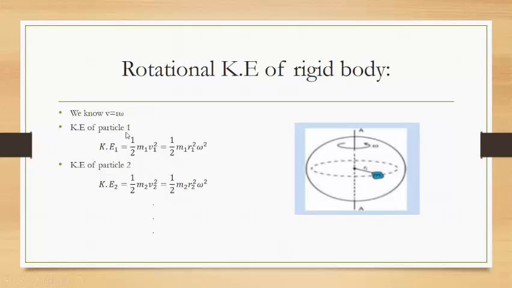For particle 1, we know kinetic energy is equal to half mv square. Since it is particle 1, we write it as m1 and v1. From the above relation, we insert the value of v, and here we get half m1 r1 square omega square. Similarly, for particle 2, we get half m2 r2 square omega square.